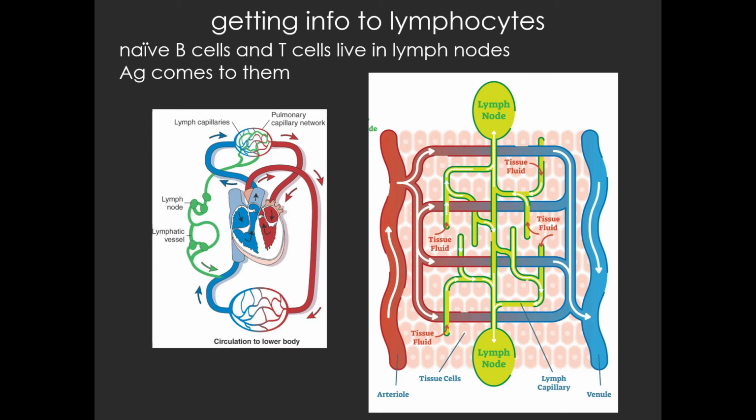So these naive B cells and T cells hang out in the lymphatic system in lymph nodes, and they wait there for dendritic cells and macrophages to bring them their antigen.